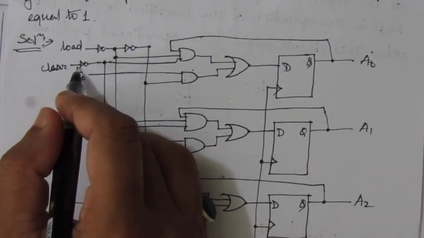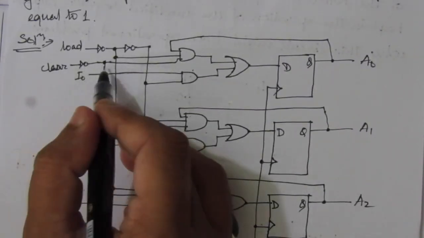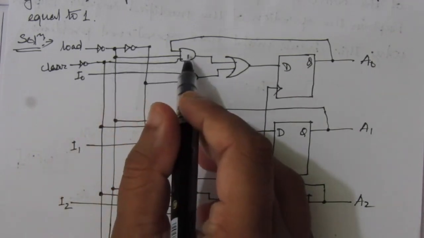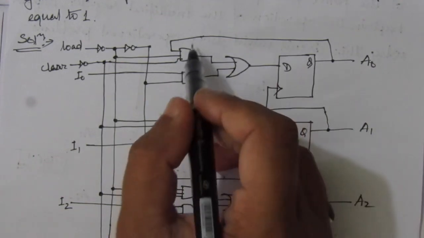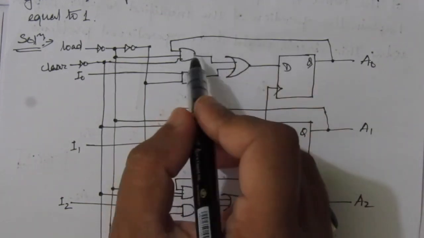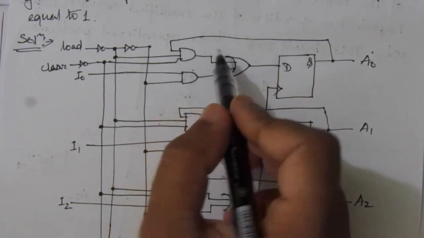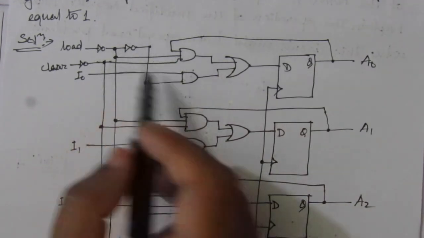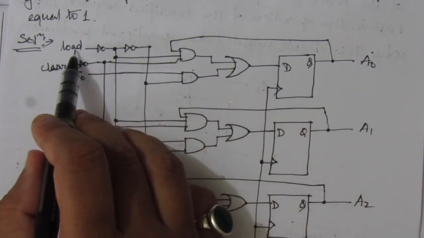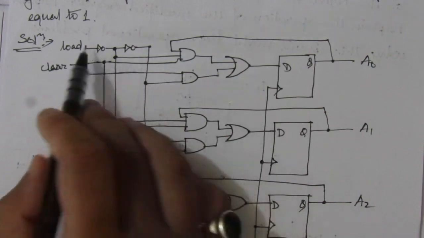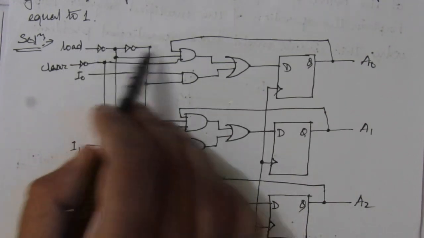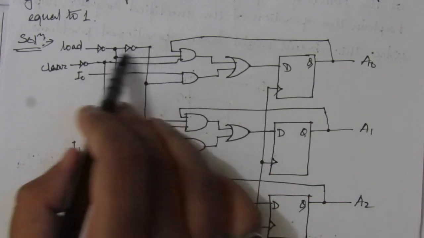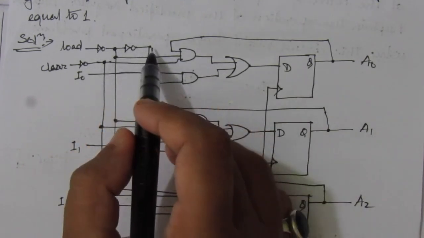So in this way, when clear is equal to 1, after this inverter we will have 0 here. That means we are applying 0 to all of these upper AND gates. It means irrespective of the other values, this upper AND gate will give 0 value. Now it depends on the load signal. Whenever load is equal to 1, irrespective of clear, you can see here it is load 1, here we'll have 0 and here we'll have 1 again, because we have two inverters here.